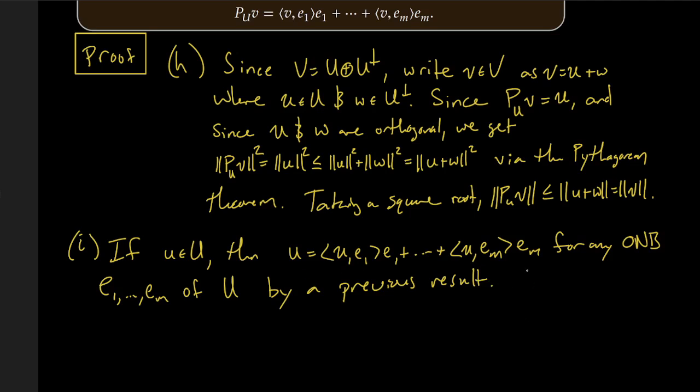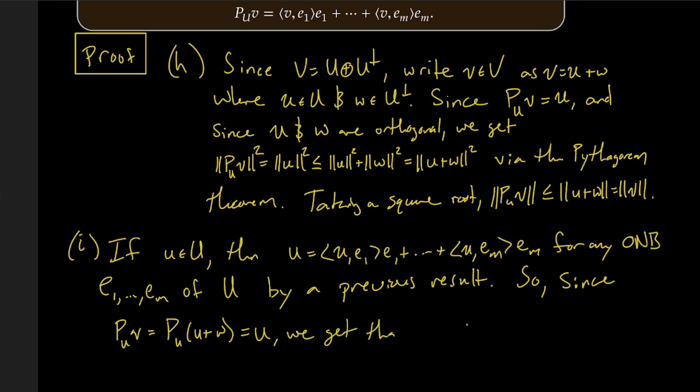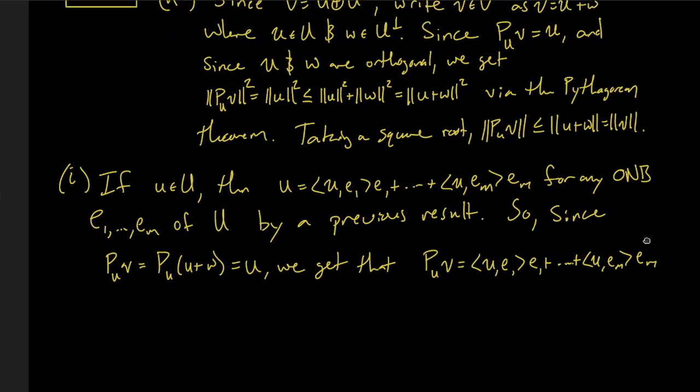Okay, so since P_U of v, which is equal to P_U of u plus w, is equal to u, we get that P_U v is equal to all of this: the inner product of v with e1 times e1, plus dot dot dot all the way down through the inner product of v with em times em. Okay.